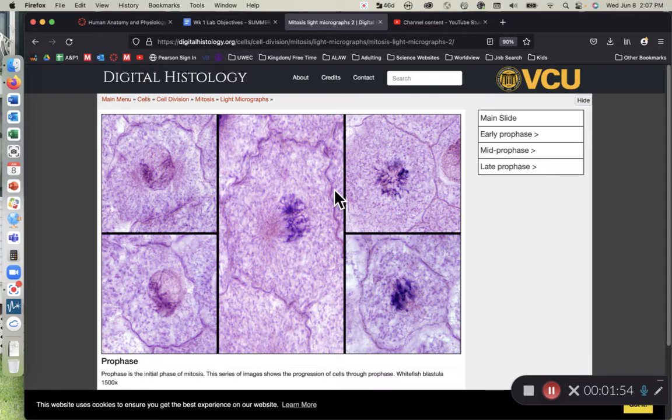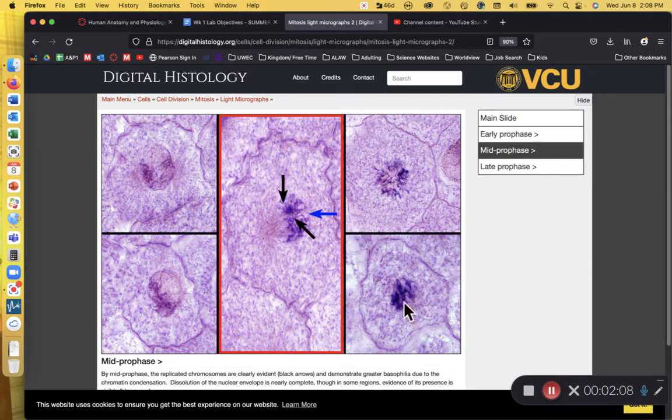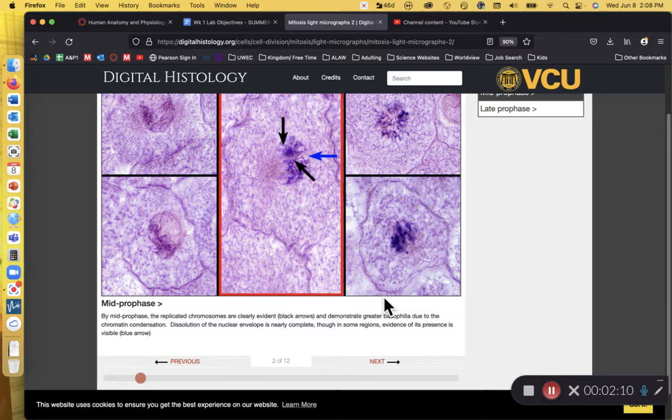Here's some whitefish blastula, and we have the different stages. When we focus on prophase, I like to focus on late to mid prophase. As we're looking at this stage, prophase, the first part of mitosis, we have the chromosomes condensing out.